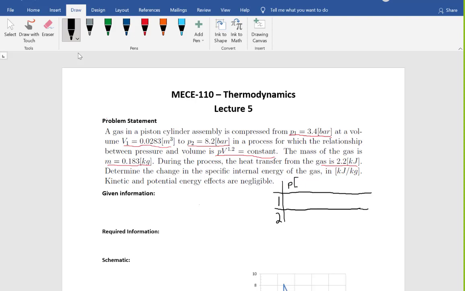Last class, remember I told you if it's a metric problem, it'll generally make our lives easier if we write down the pressure in kilopascals instead of some other unit. So I know that 1 bar is equal to 100 kilopascals. At the beginning of the problem, I'm going to do all this conversion.